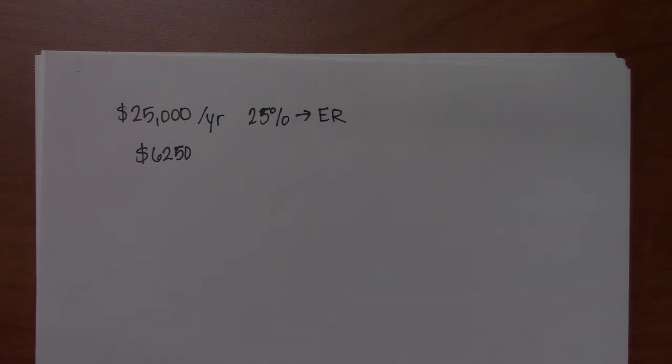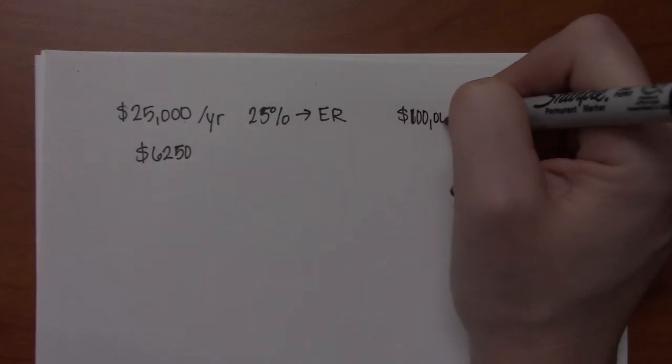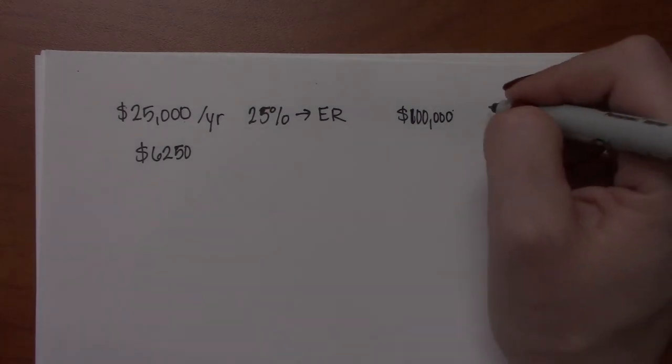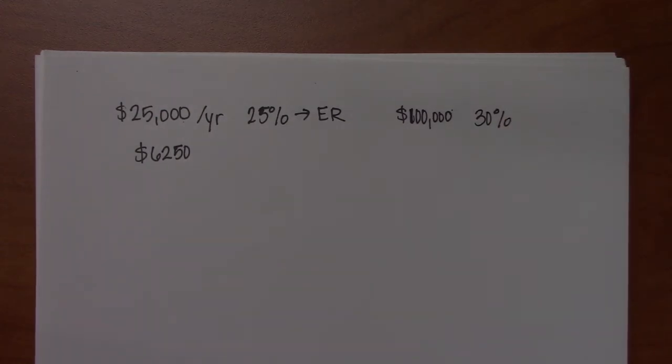But then let's say you bring home $100,000 a year. And we have a graduated tax rate, so let's just say that you're supposed to pay 30% of your total income, which means you should have a tax bill of $30,000. But you own a house, you have a car, you've got maybe a couple kids, so you've got some deductions.